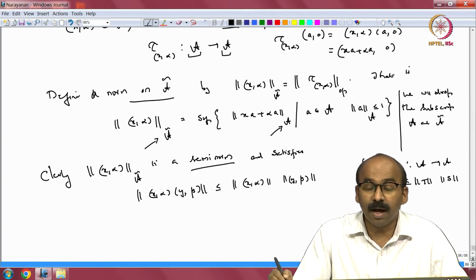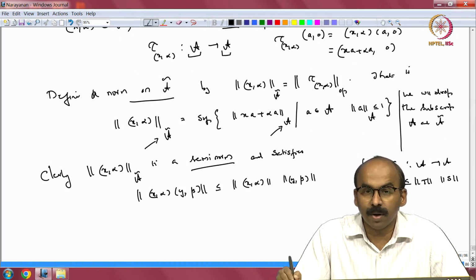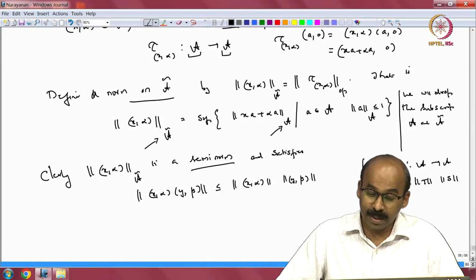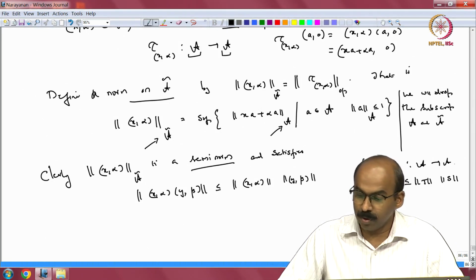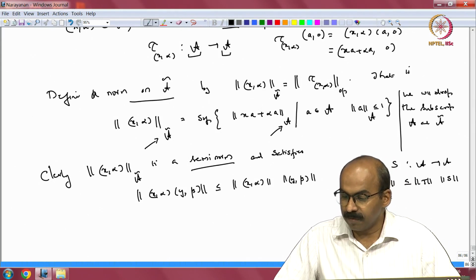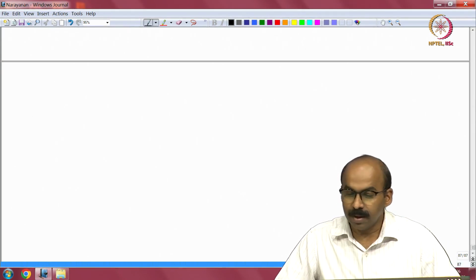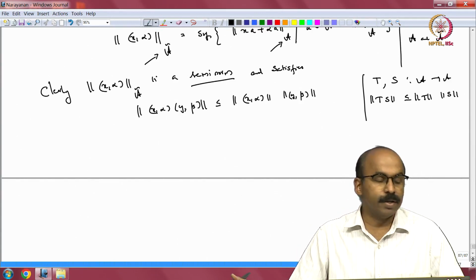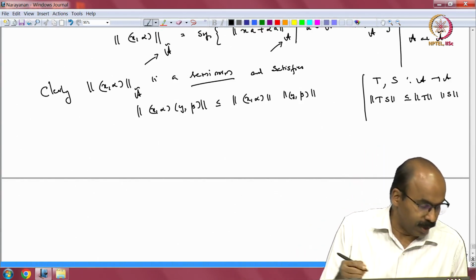So, the norm of x alpha is the operator norm of tau x alpha. So, this Banach algebra property is automatically satisfied, but we do not know if it is a norm. Okay. So, that is something we will have to check, and then we have to show that the C star identity is also true, right.